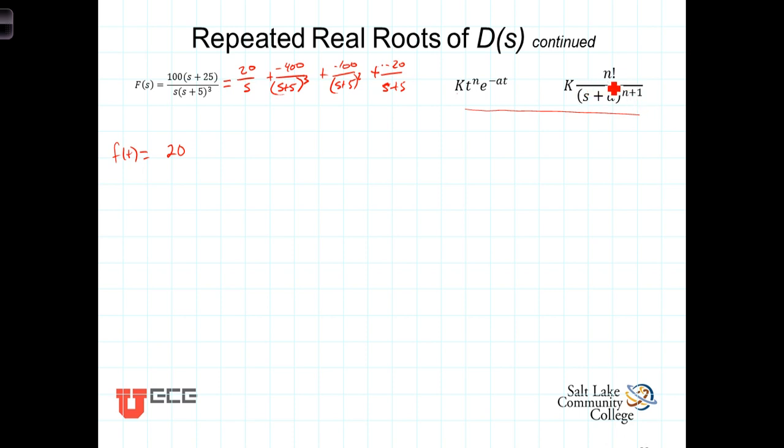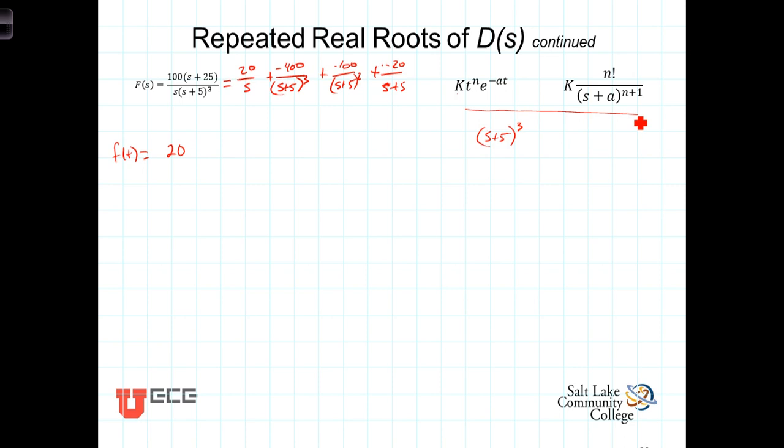So let's just look at this. Our highest power is s plus 5 cubed. The power of the denominator is 3, and the power here in the denominator is n plus 1.